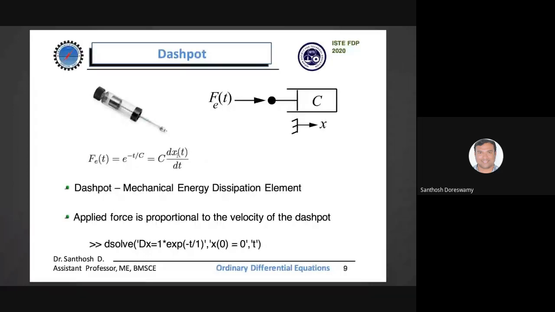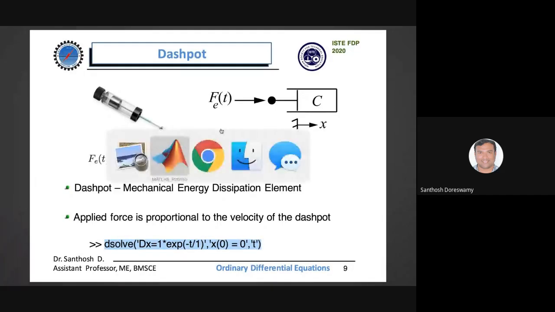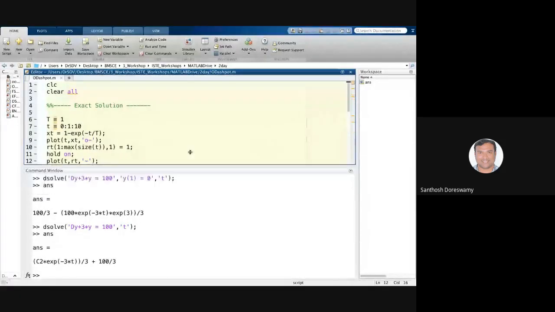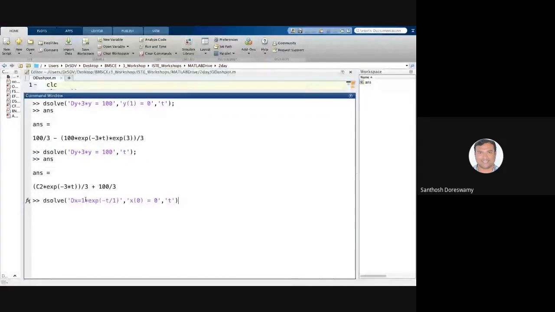Now what you'll try to do is, for a simplified analysis, let us consider C to be equal to 1. Then you will solve this differential equation in the following sense using the dsolve command. So I can take dsolve of this with the initial condition that x is equal to 0 at time t equals 0 and execute that in the command prompt. So we'll have that executed here in the command prompt.